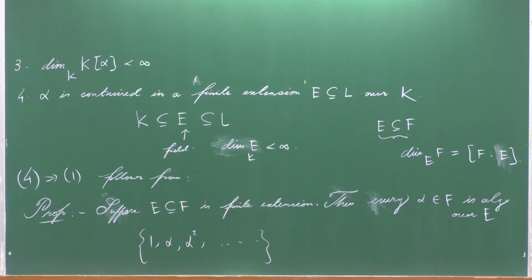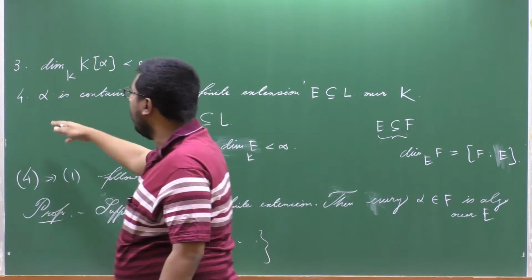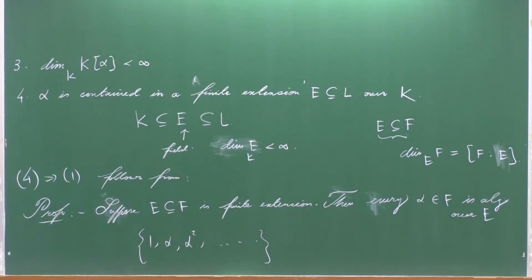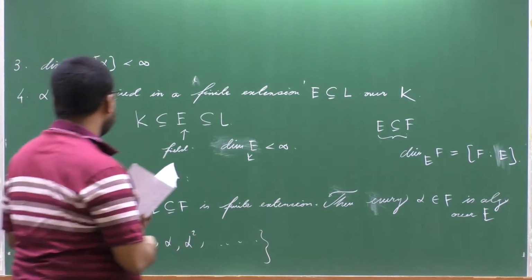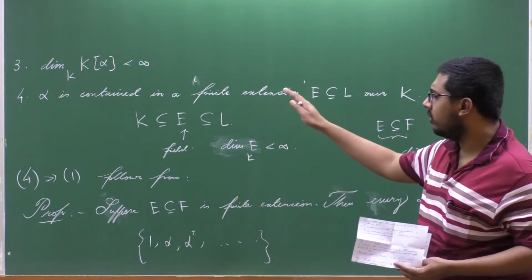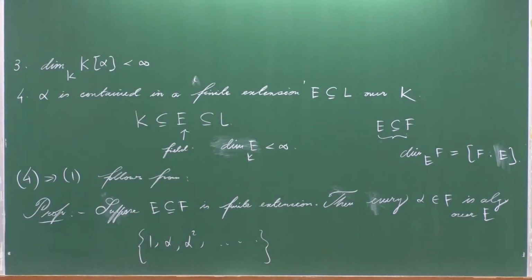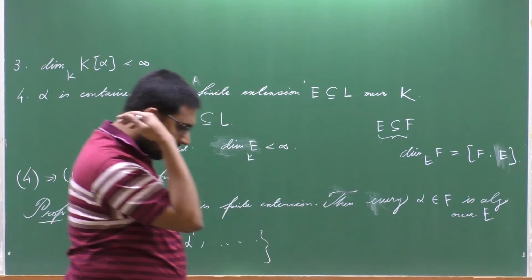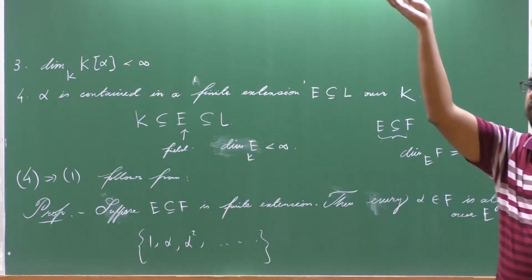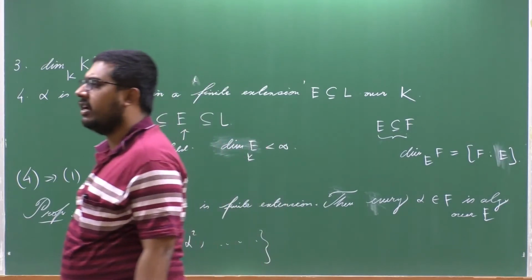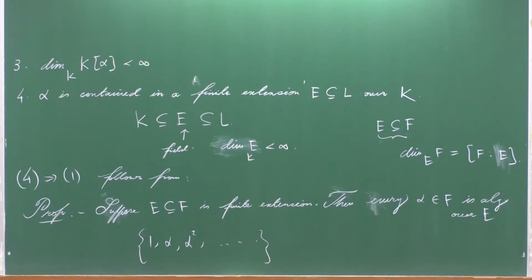So these are the four statements. There is also another one in terms of determinant, but I deliberately skip that because it is not going to be of much help to us in this regard. These are the equivalent versions of an element being algebraic. These statements are the analogues of the corresponding statements in the case of integral dependence; these are their field versions.